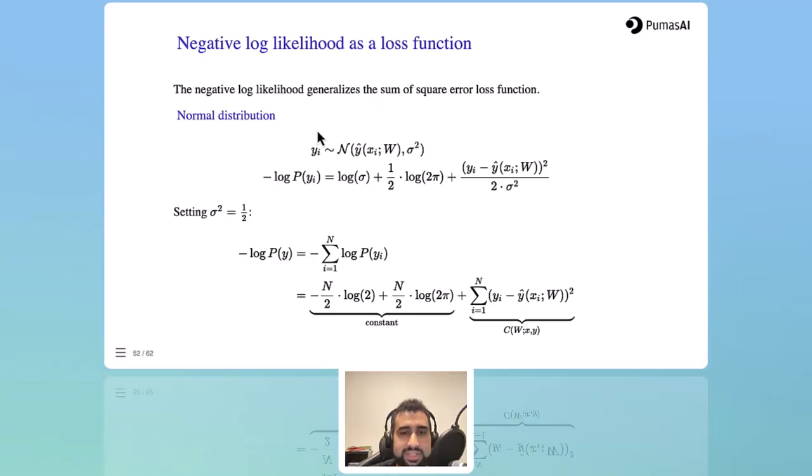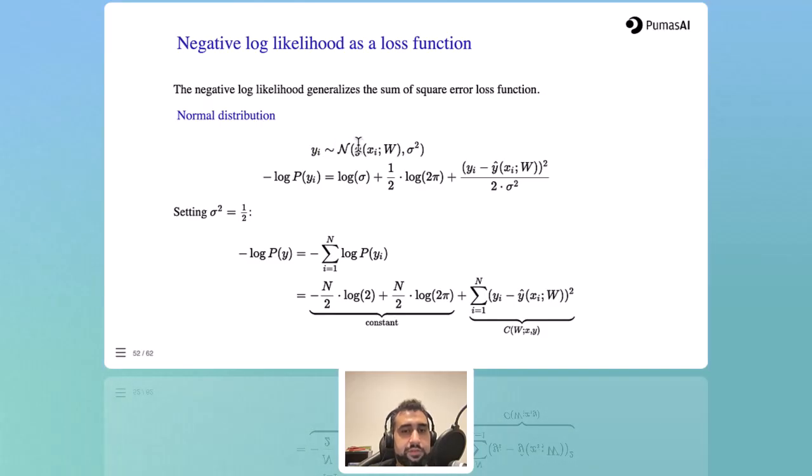And that nicely generalizes the idea of the sum of square error, but it allows us to define things directly using distributions, which is a bit more intuitive. If my yi is positive, I can define this as a log normal distribution. If my yi is between 0 and 1, I can use a beta distribution or a logit normal distribution.